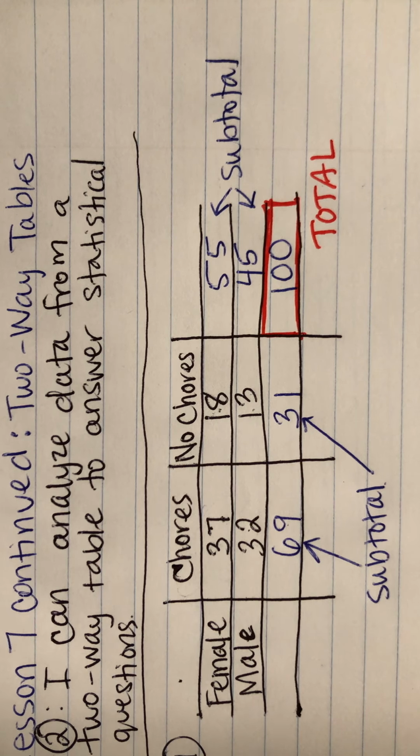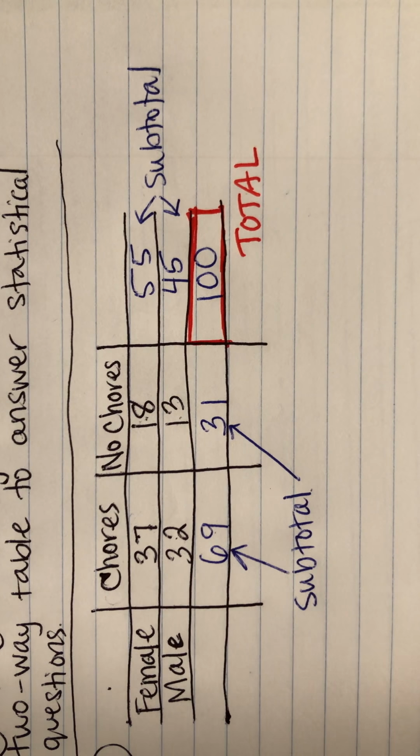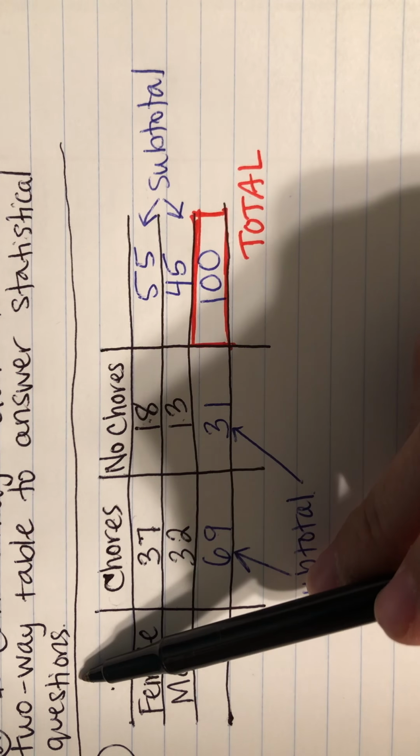Along with a two-way table, part of our target says that we need to answer statistical questions.